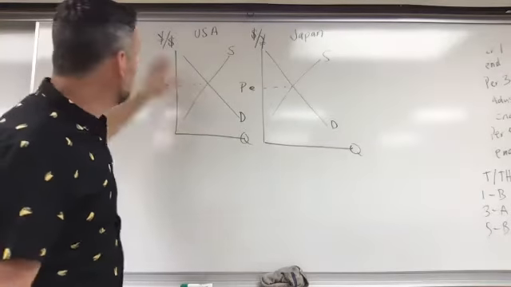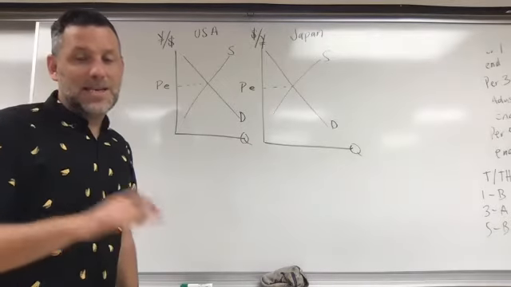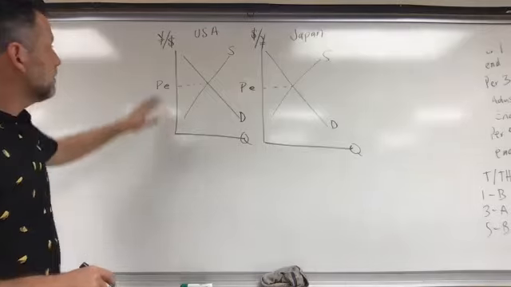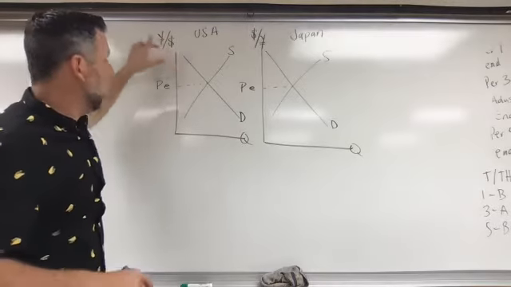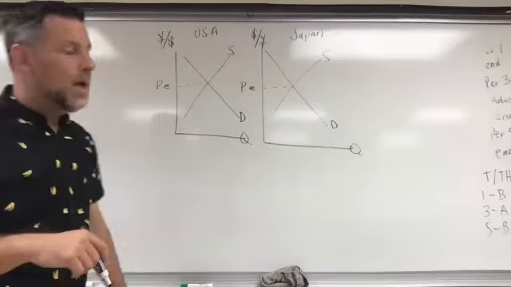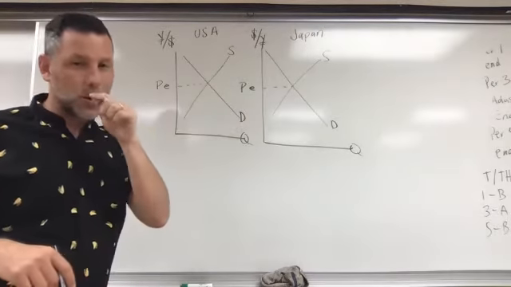If I ask you to do a correctly labeled graph, I'm going to be looking, do you have the right y-axis? So here we have it set up. We've got our equilibrium price for our two currencies.